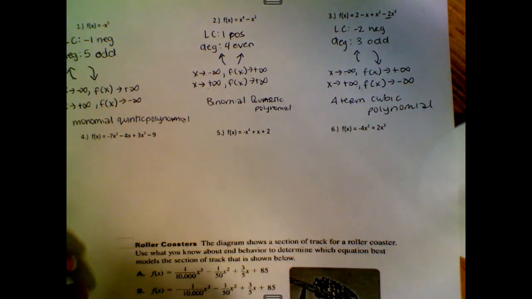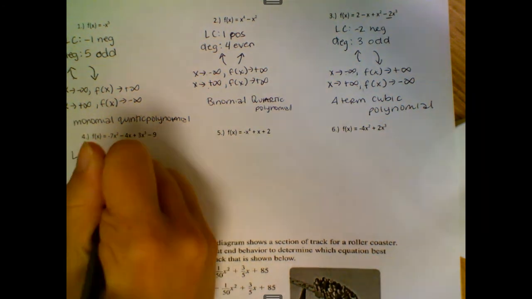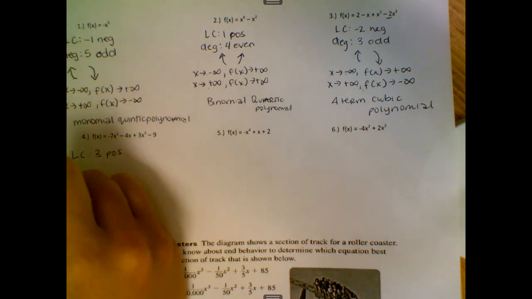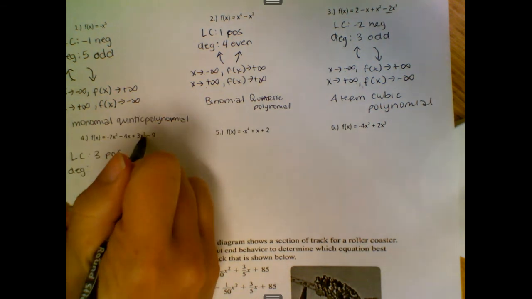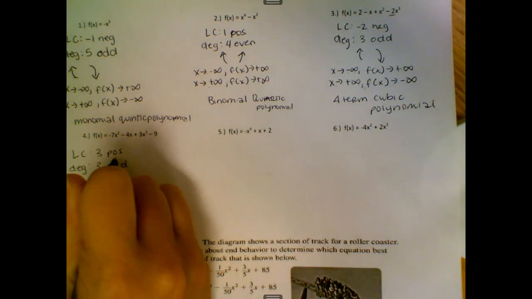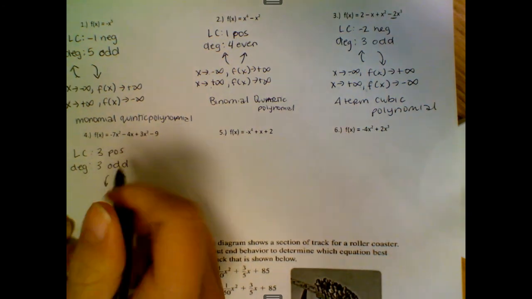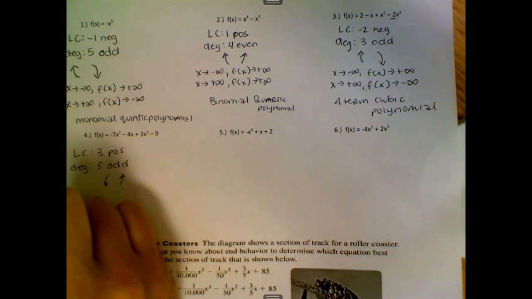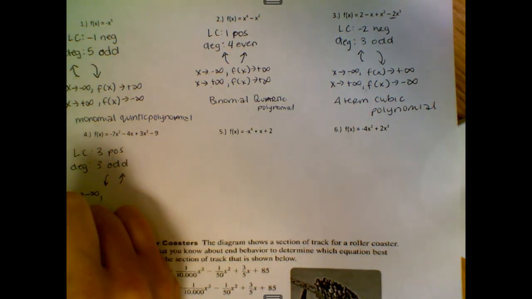All right, now we're going to look at 4, 5, and 6. So number 4, lead coefficient is 3. That's positive. Degree is also 3. That's odd. So positive means second arrow goes up. Odd means goes opposite direction. I need to see what my left arrow does and what my right arrow does.